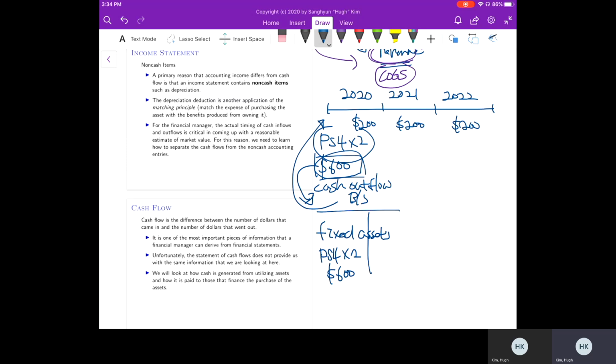And in your income statement for 2020, you recognize this cost as depreciation, $200 depreciation expense.